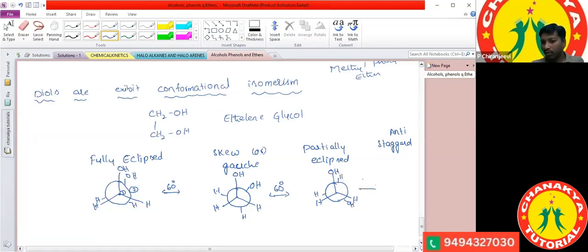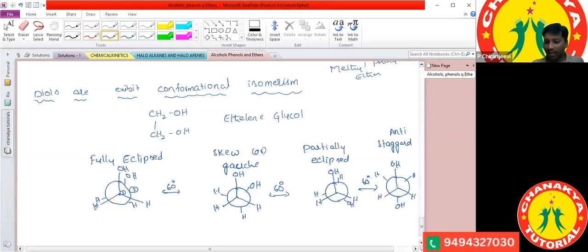Again, by rotating one more 60 degrees, we get the structure like this. Here OH, here H, here H, here OH, here H, here H. So we call this the anti-staggered form.